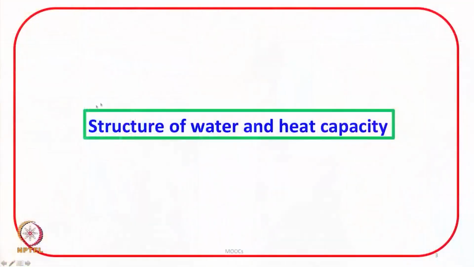Therefore, in biological systems, whenever there is a change and we want to address the thermodynamics of the process, we cannot ignore the environment, we cannot ignore the changes in the structure of water which is surrounding the protein molecules. So, that is why we should understand the structure of water and how it is related to heat capacity. Let us spend some time on the discussion of the structure of water.